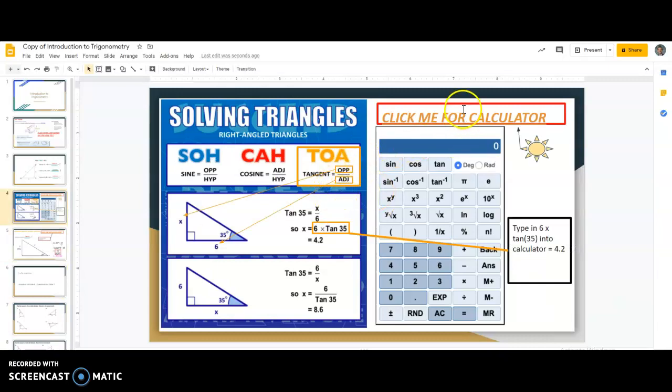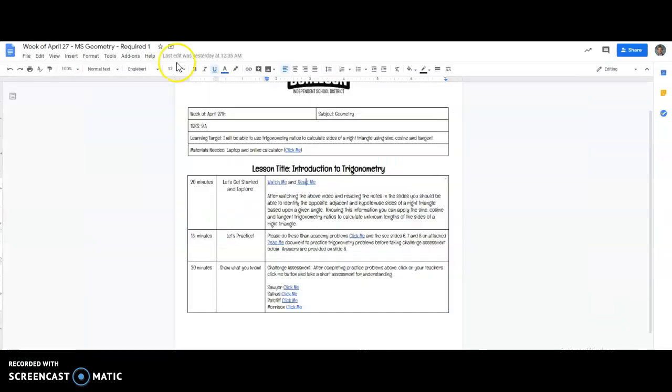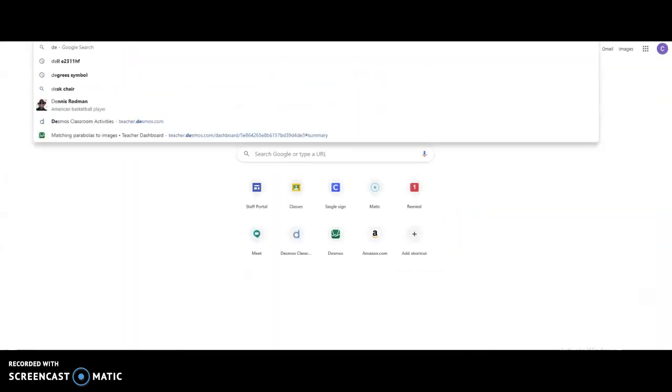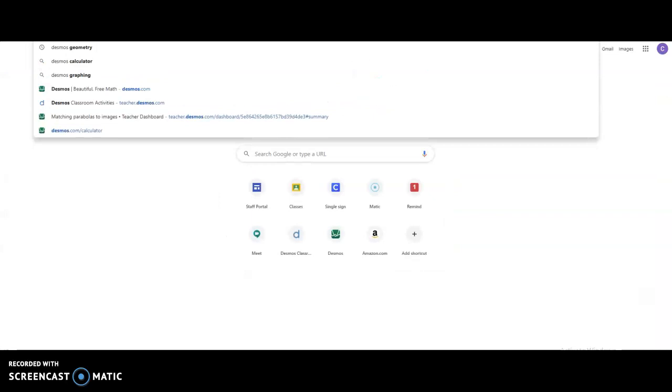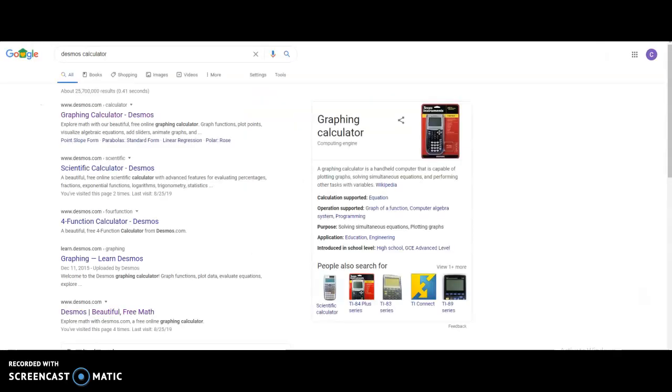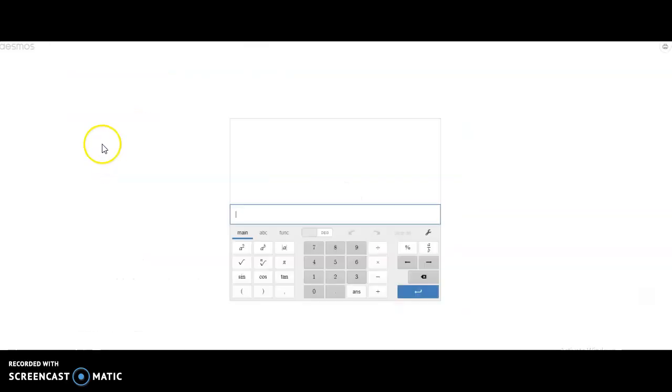This calculator that is linked in the assignment back here, there it is up there at the top. I'm not a fan of this calculator. I know the link's there, it's easy to get to. I prefer Desmos a lot more than that. The Desmos calculator has a scientific one also, so you don't need the whole graph.